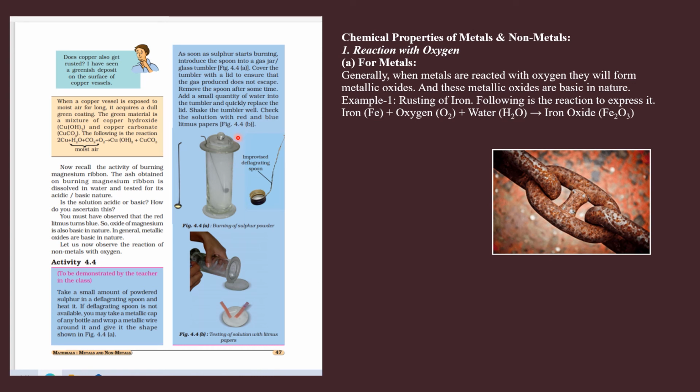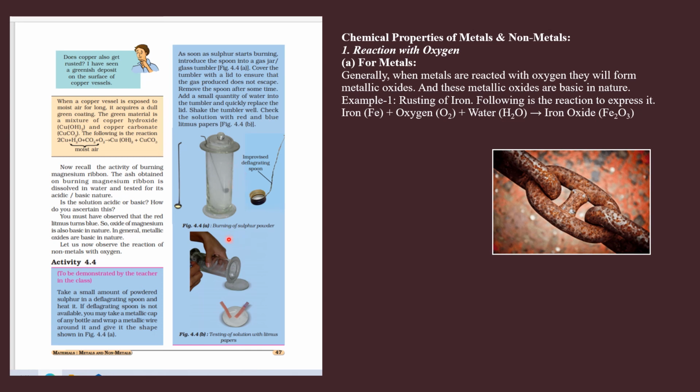Now remove the spoon after some time, add a little water, and replace the lid. Then we shake the tumbler well and check the solution with red and blue litmus paper.